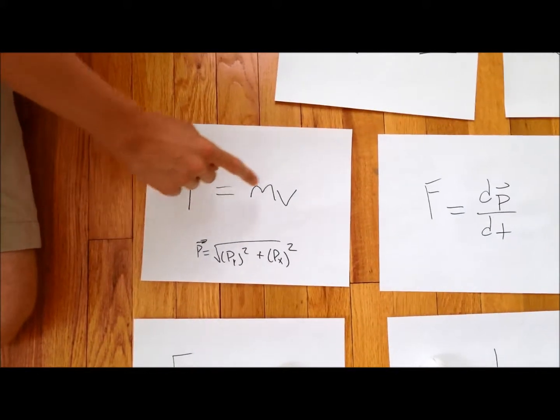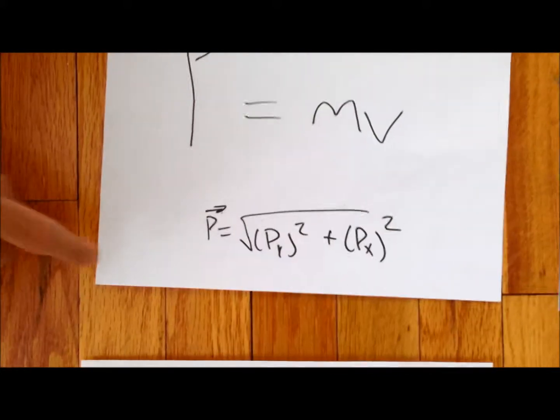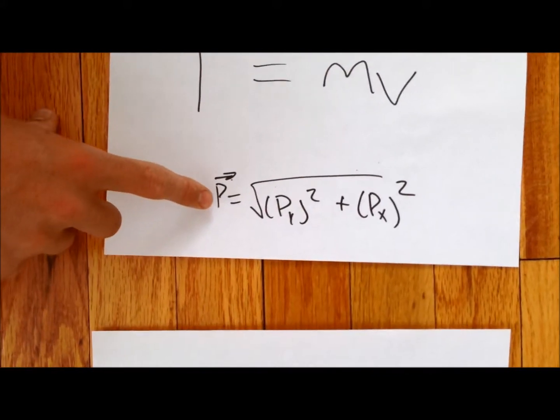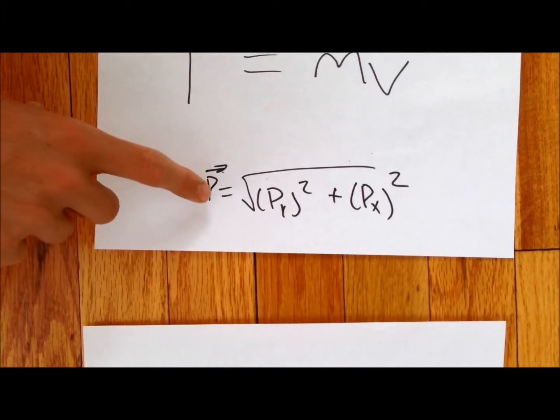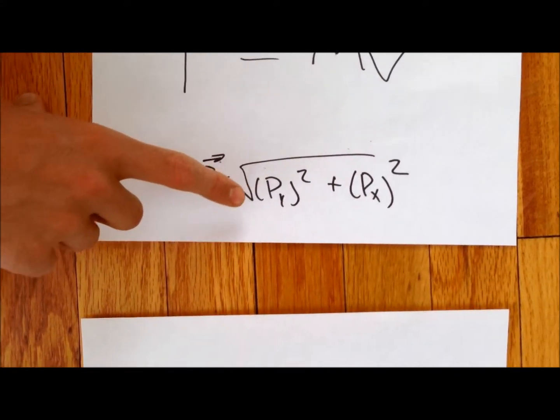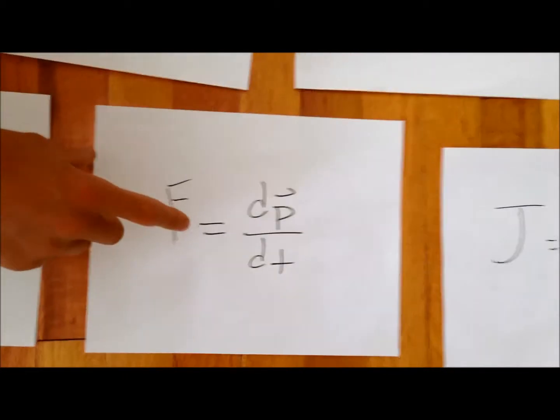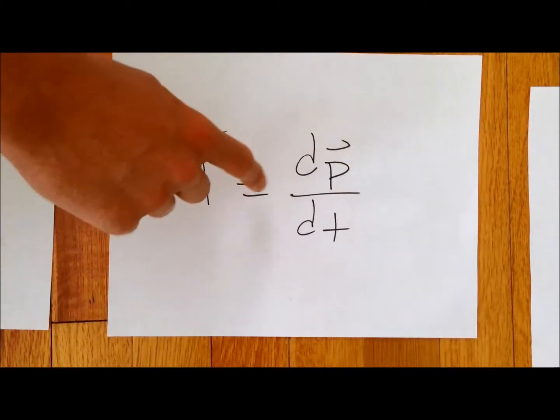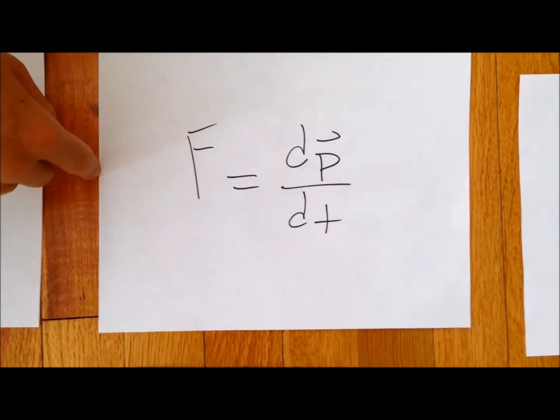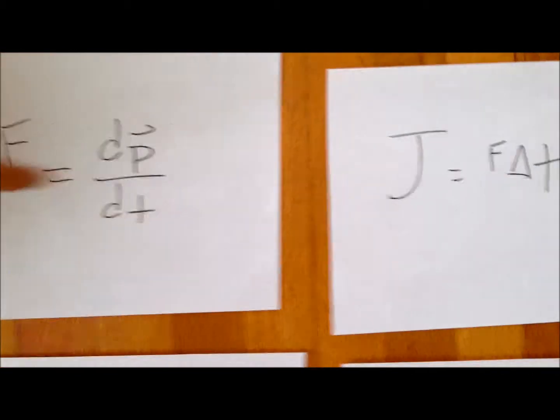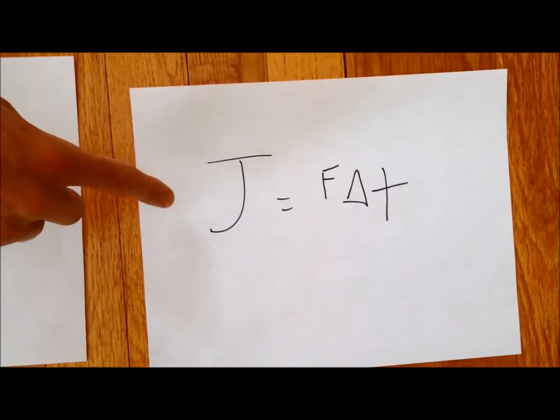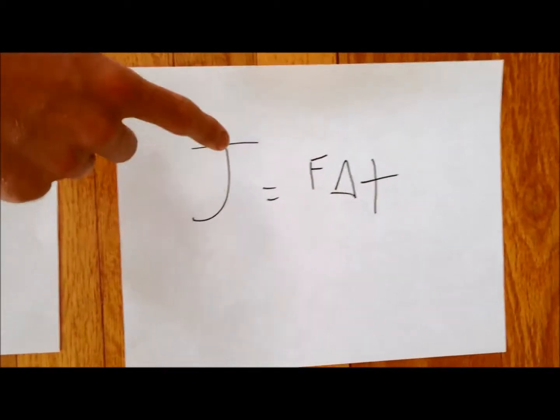Momentum equals mass times velocity. And the vector quantity of that momentum is just the square root, the Pythagorean sum of those x and y components. Force equals the derivative of momentum with respect to time. And then along those same lines, impulse, which is the change in momentum, equals force times change in time.